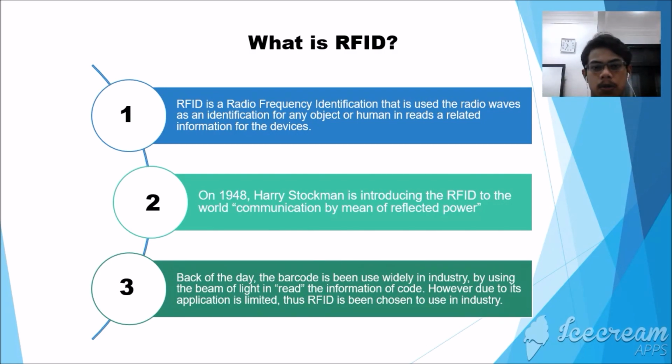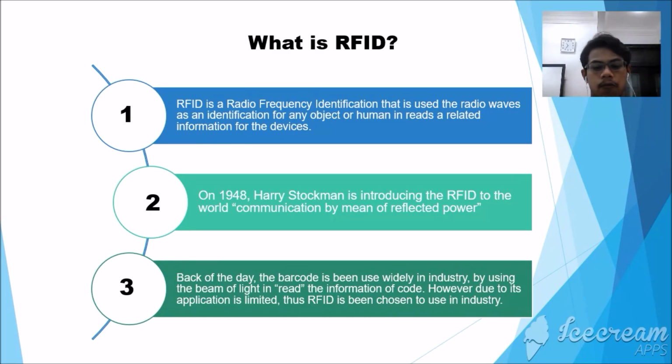So for my part, I will talk about the introduction for RFID. So what is RFID? RFID is radio frequency identification that uses radio waves as an identification for any object or human, with related information for the device.